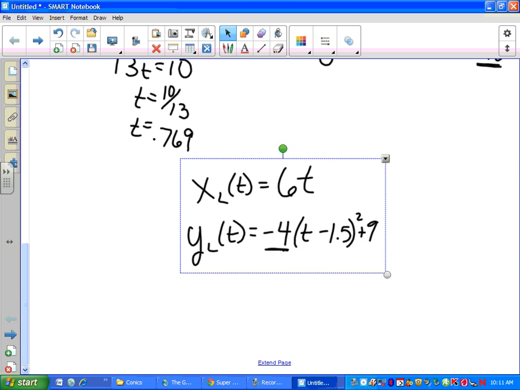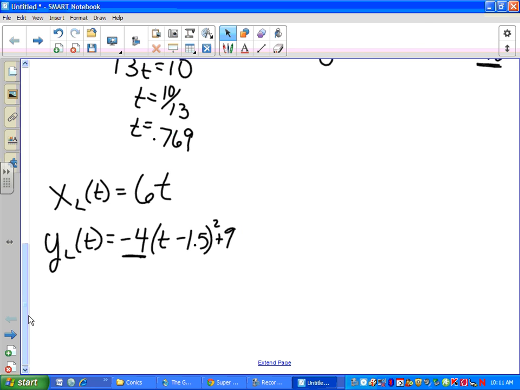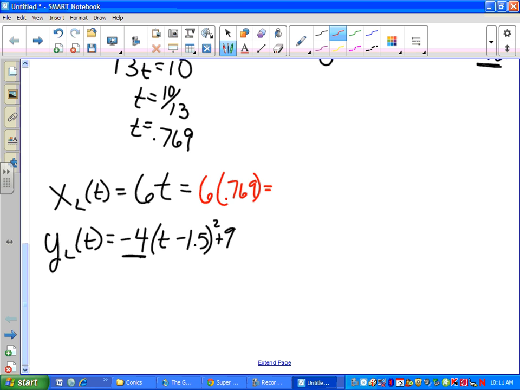So there is Luigi. What I'm going to do is plug in, let me do it in a different color so you can see, 6 times the time, 0.769, and he's going to be at 4.615, to the right of the starting point at time 0.